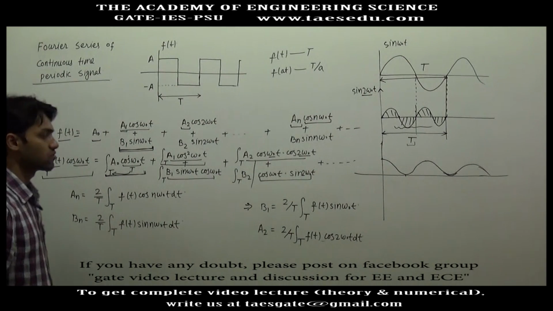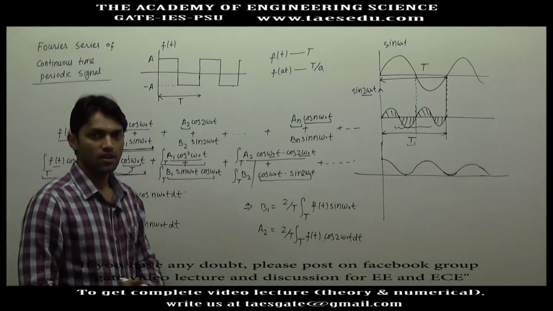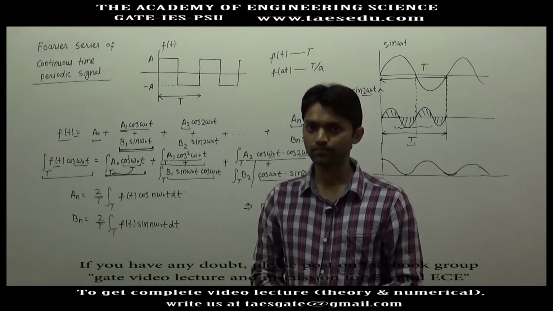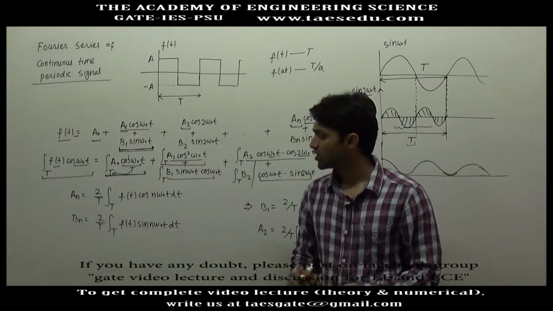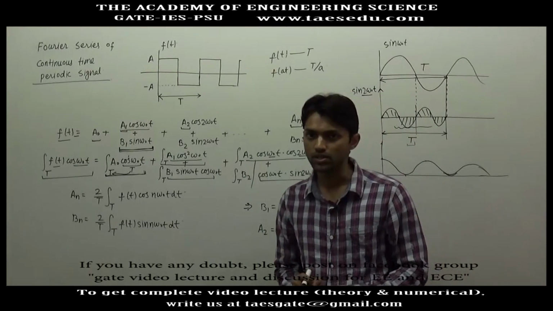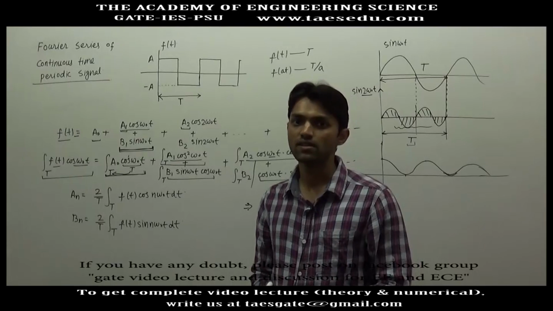so this way we understood from the start what a Fourier series representation is. Okay, then we talked about frequency, and finally we calculated the amplitude of the different sine and cos terms.